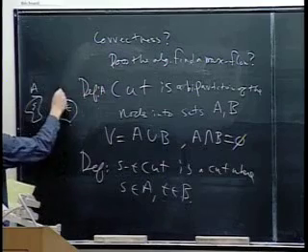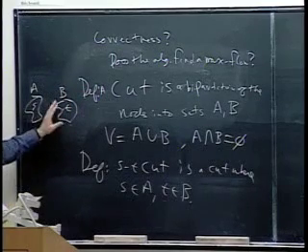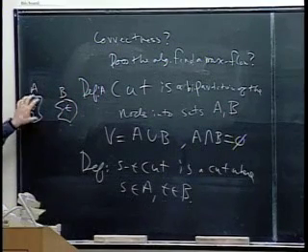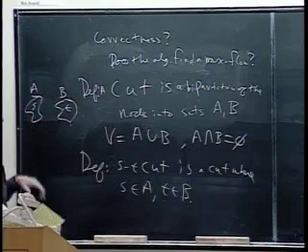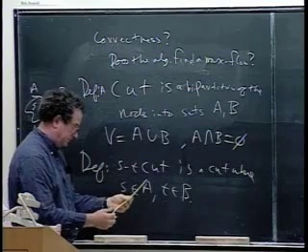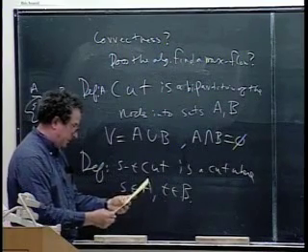Here's A and here's B. And so we've partitioned the nodes into two sets, which we can draw by those little clouds.